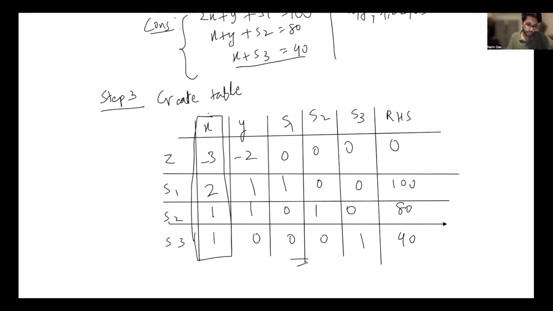And the pivot row is the minimum ratio of RHS to pivot column. So 0 divided by -3 is 0, then 100 divided by 2 is 50, 80 divided by 1 is 80, 40 divided by 1 is 40. So hence this becomes our pivot row.